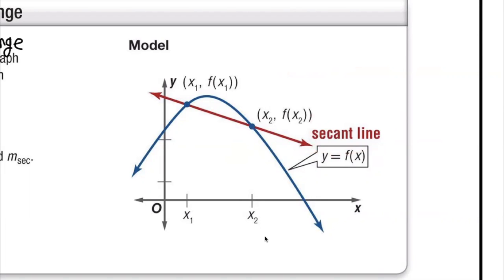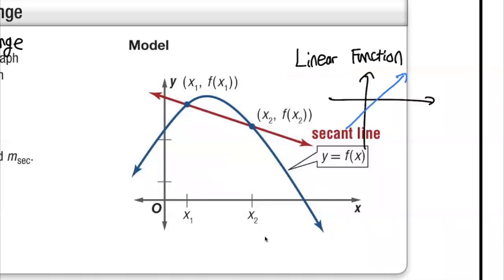So before, you were only able to find the rate of change of linear functions, right? Because the rate of change of a linear function is constant. So for instance, you have the linear function here.